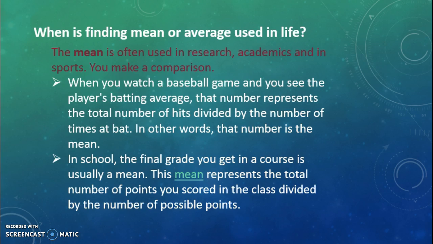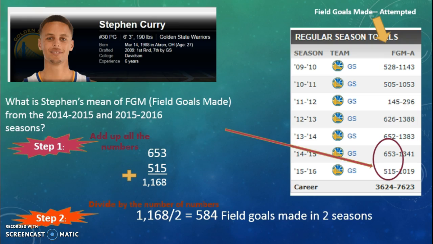Let's take a look at it in basketball. Okay, I'm sure you might have some favorite players, but whose player is better than the other? Well, we can compare. All right, let's start with Stephen Curry. Plays for the Golden State Warriors. What is Stephen's mean of field goals made?